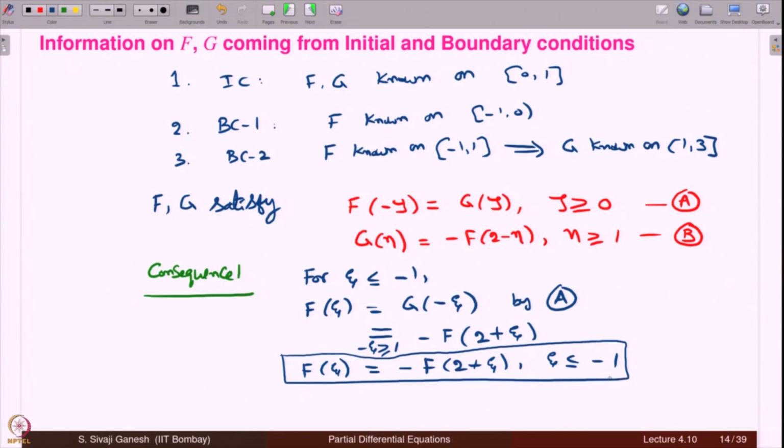So, this is a conclusion we get. Now, f is known on minus 1, 1, already. This above relation will mean that f is known on minus infinity, 1.